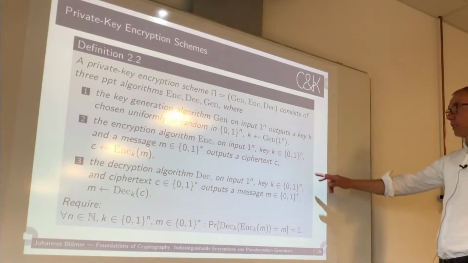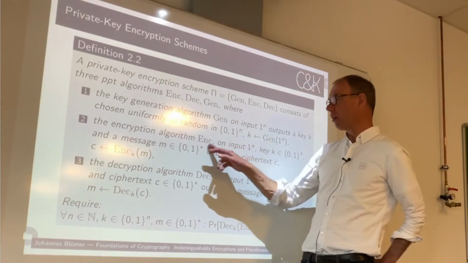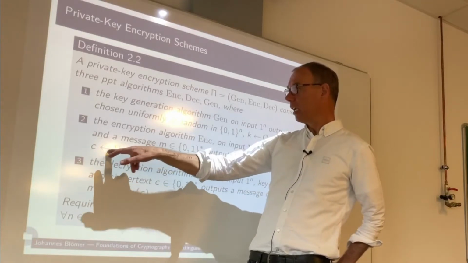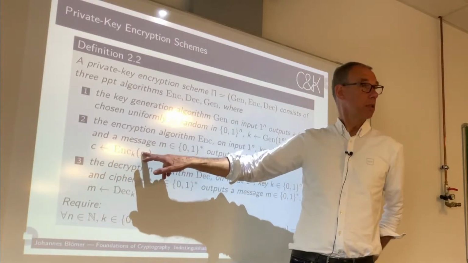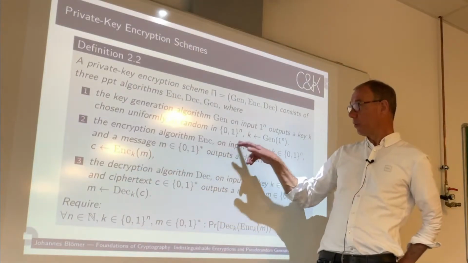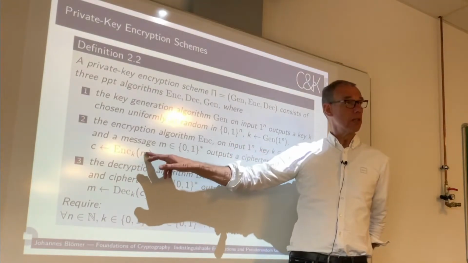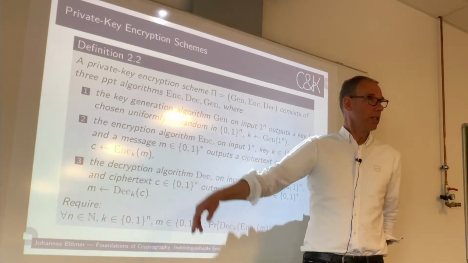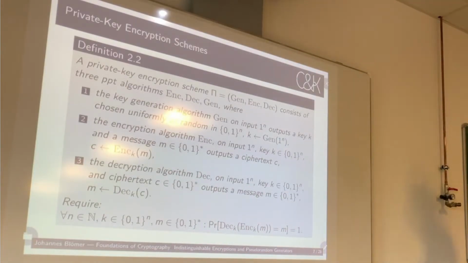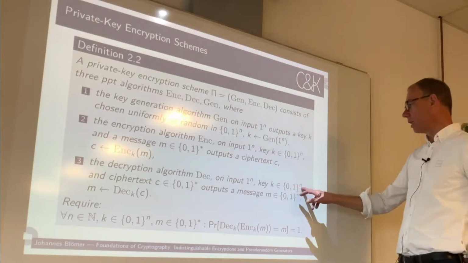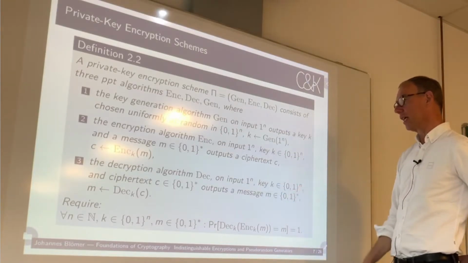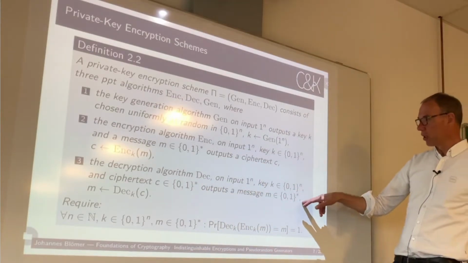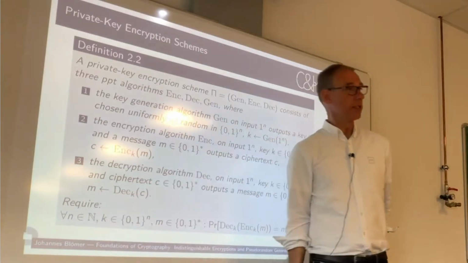And it outputs a ciphertext c, which is in general also from {0,1}*, and we denote this by c ← Enc_k(m). The decryption algorithm takes input 1^n, a key in {0,1}^n, so the two n's are the same, and the ciphertext in {0,1}*. As I said, we want ciphertexts to be bit strings. It outputs a message m in {0,1}*, and the notation is the same.